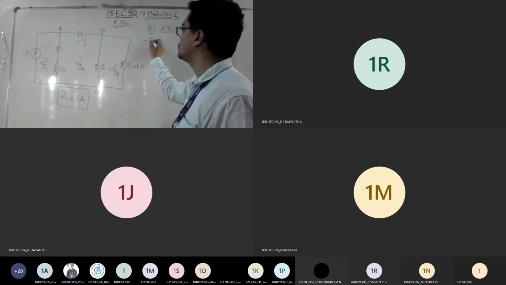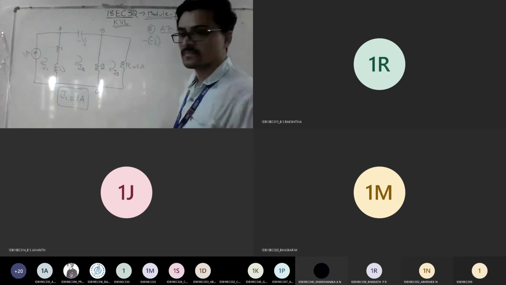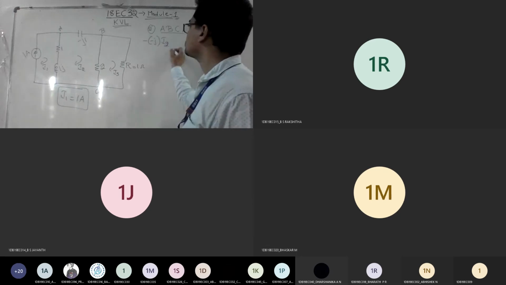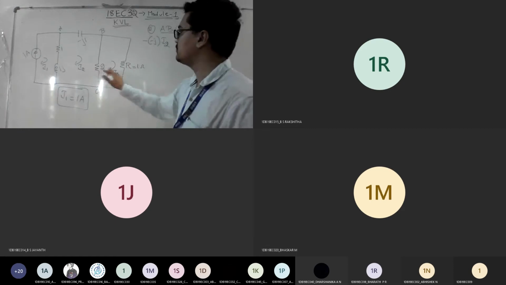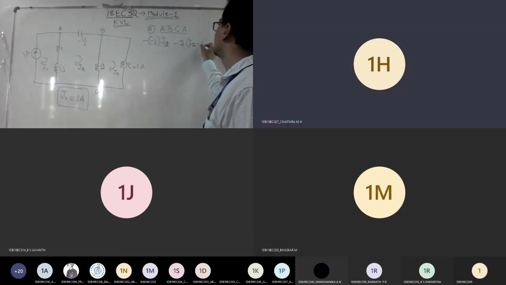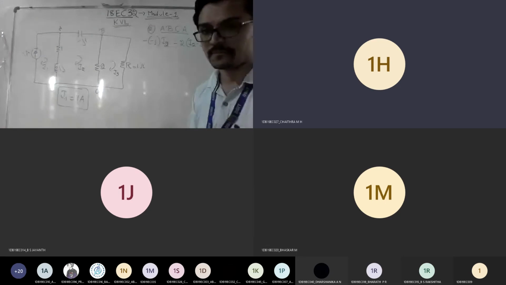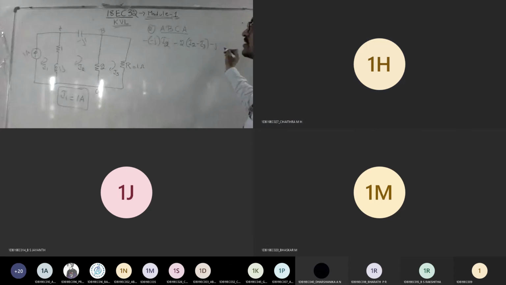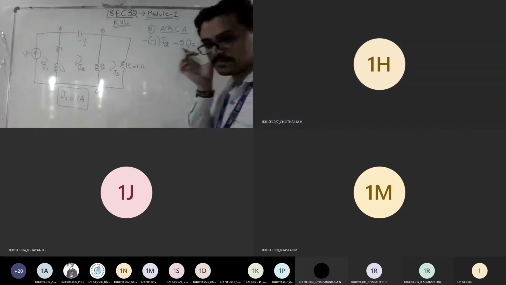So minus of minus J times I2, plus 1 times I2, then minus 2 times (I2 minus I3), then minus of minus J times (I2 minus I1), then minus 1 times (I2 minus I1), equal to 0.